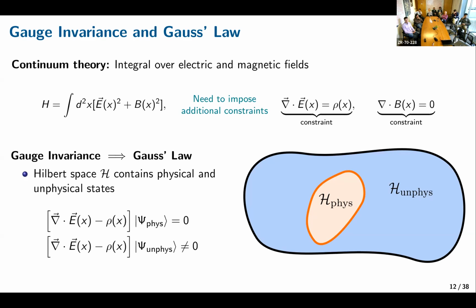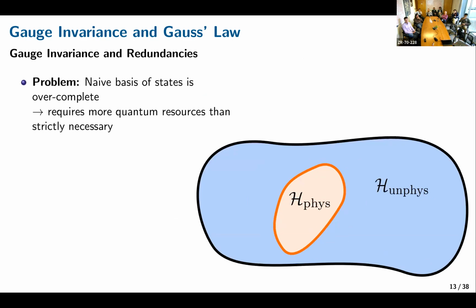If you don't get zero, it's an unphysical state. The fact that the Hilbert space contains both physical and unphysical states has some disadvantages. It could lead to some issues when doing a quantum simulation. One of these issues is that the basis of states that you're working with is overcomplete, and so simulating these extra states in the Hilbert space requires more quantum resources than strictly necessary.